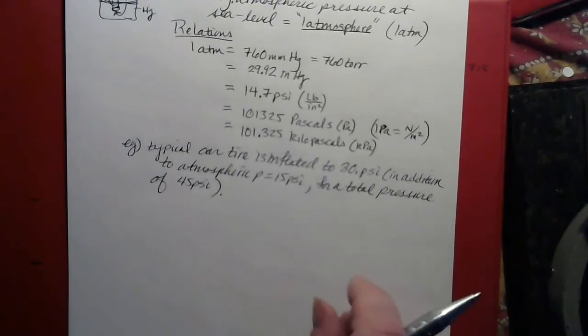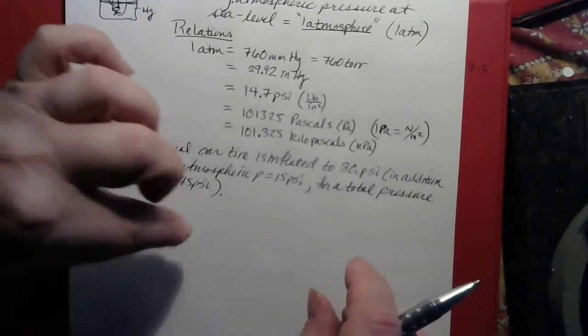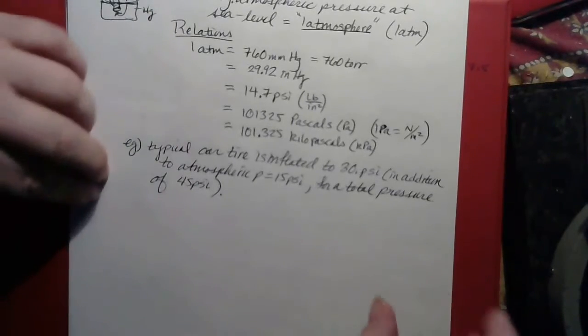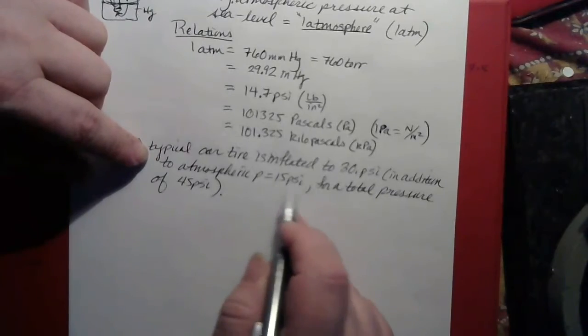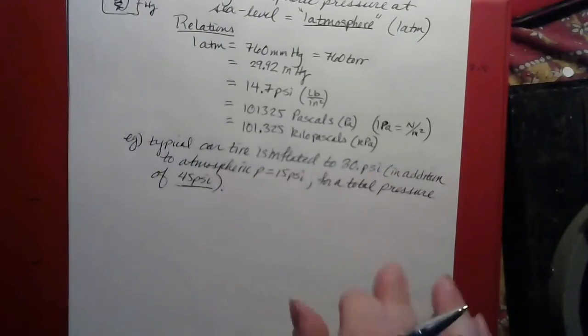And when you measure 30 psi, you're just measuring the pressure in the tire over and above atmospheric pressure. But that means that the total pressure in the tire is actually 30 psi plus atmospheric pressure. Atmospheric pressure is about 15 psi, so we'll call the pressure in the tire 45 psi.